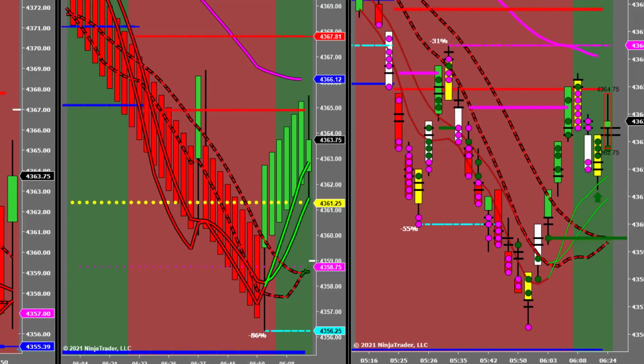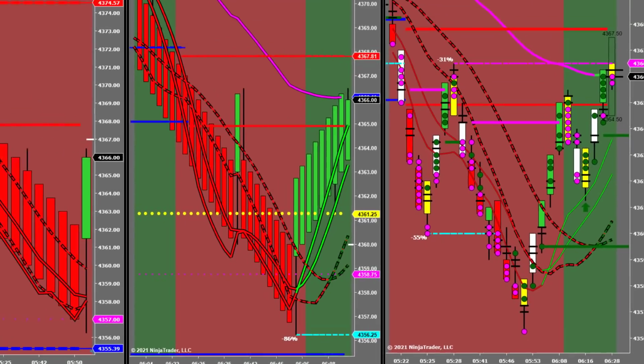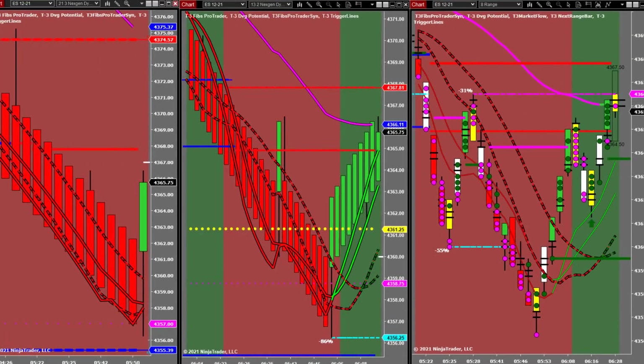So for the moment, Fibonacci resistance tells us we're not going to do any long trades, even though the small triggers are going up on the market flow chart. We have to wait until everything agrees at the same spot at the same time. So for the moment, we're at some resistance, but we don't have anything to do.